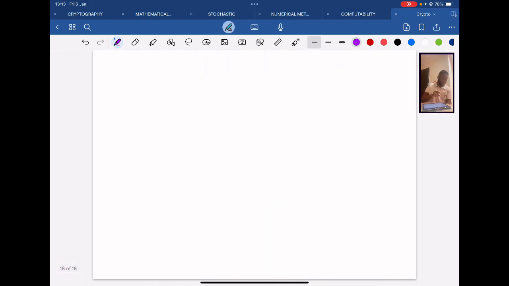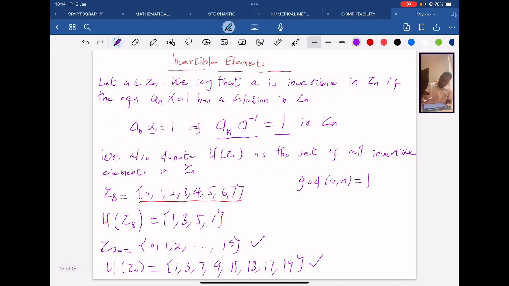So over here, Z20, we said is from 0 to 19. And let me copy this.